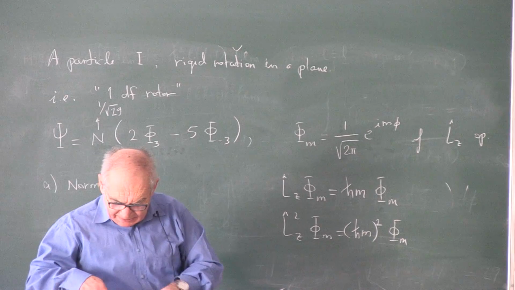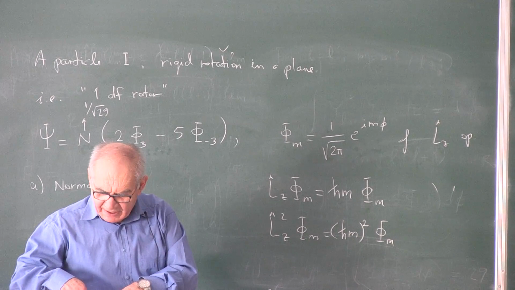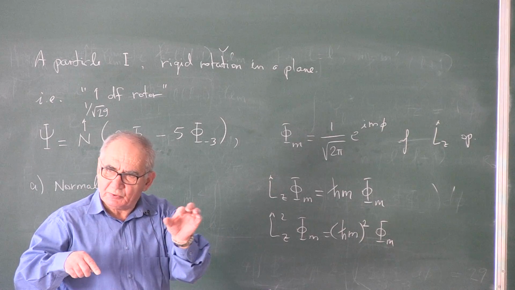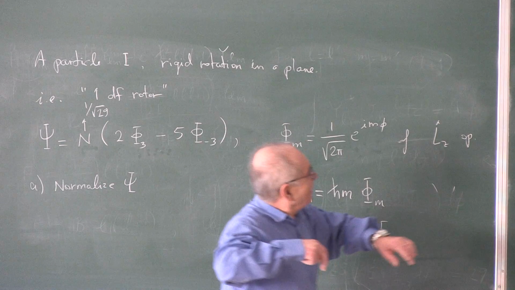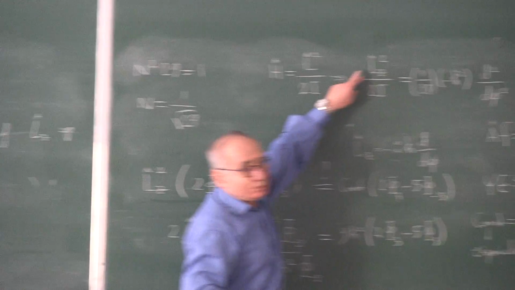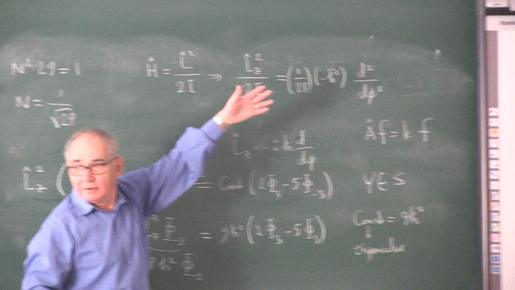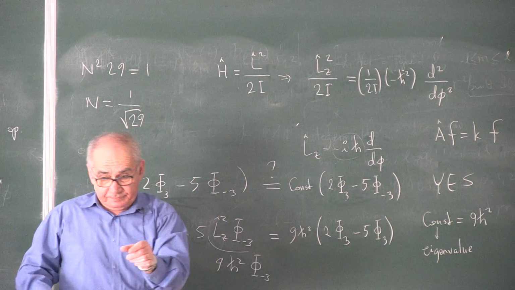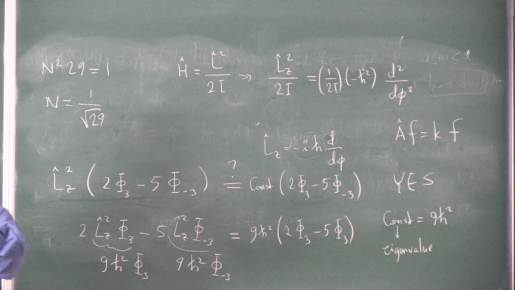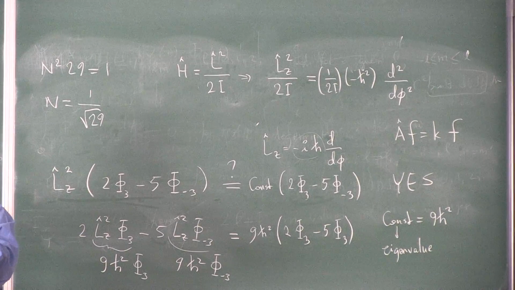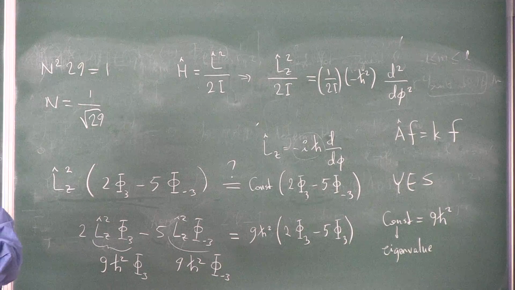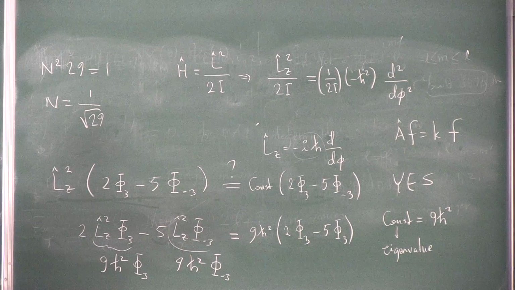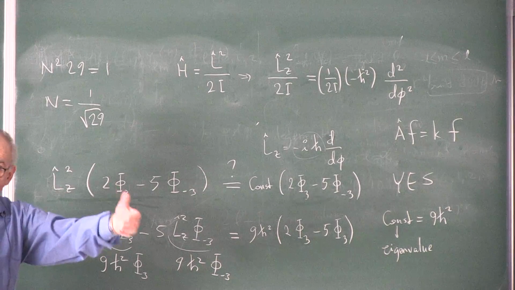But the problem is asking us, is psi an eigenfunction of H instead of LZ square? But H is 1 over 2I times LZ square. That expression, constant times operator, always commutes with the operator, which means any eigenfunction of one of them is also an eigenfunction of the other one.